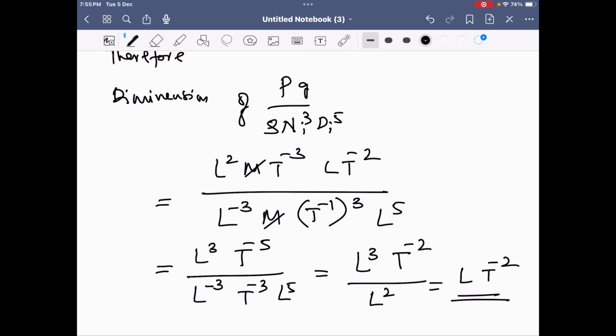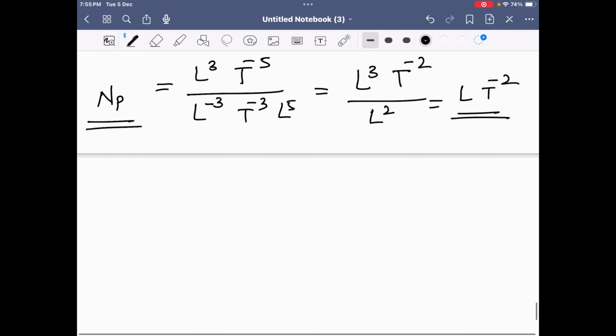NP is a dimensionless power number, but we are getting the unit L t power minus 2. Obviously, this equation is wrong. NP is a dimensionless number, so it is not dimensionally homogeneous, and therefore it cannot be correct.